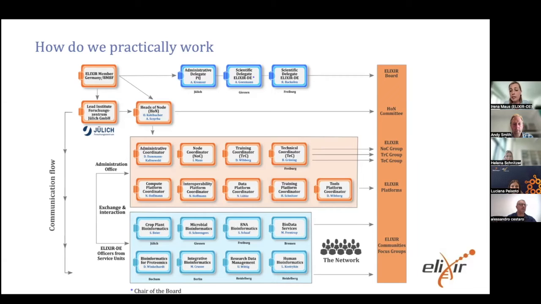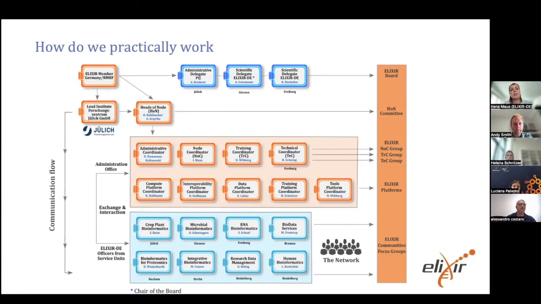We also work in ELIXIR platforms, communities, and focus groups, of course. Our representing entity, as mentioned previously, is Forschungszentrum Jülich, and Jülich employs our head of node, Oliver Kohlbacher from Tübingen University, and Alexander Trüber from Research Center Jülich.